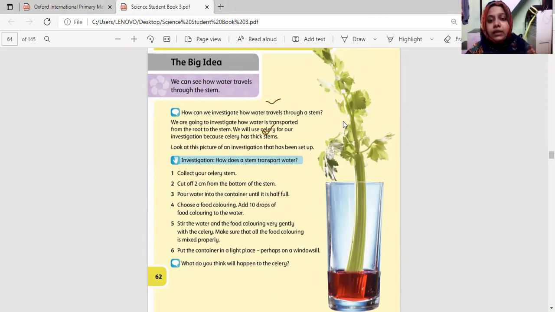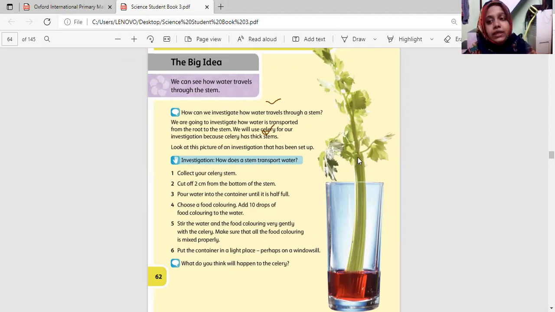Then you can take a stem of a coriander leaf and insert it in some water with some food color that is available in your house. Simply keep it near the window. Once you've kept this near the window, within 3 to 4 days, you will observe that the red color is slowly moving upwards in the plant.